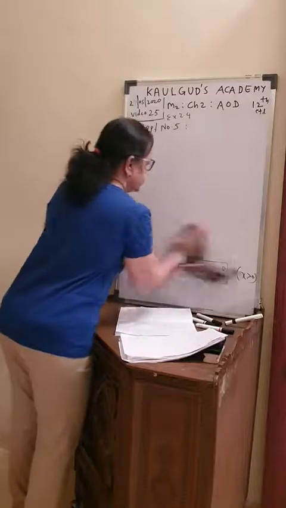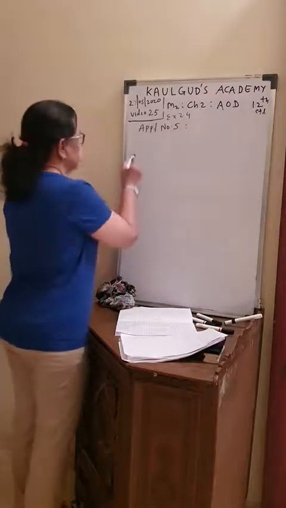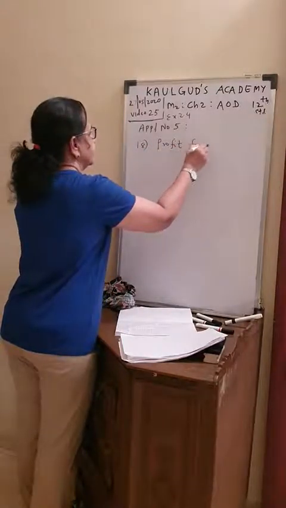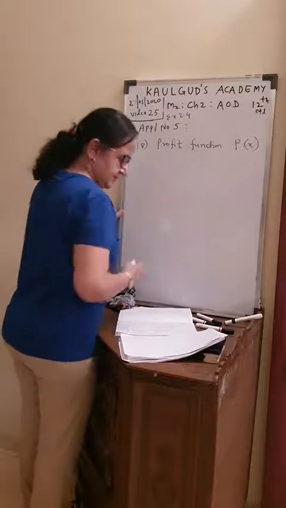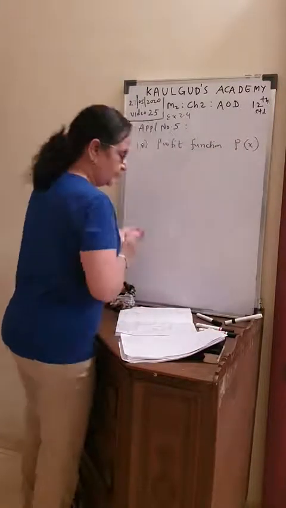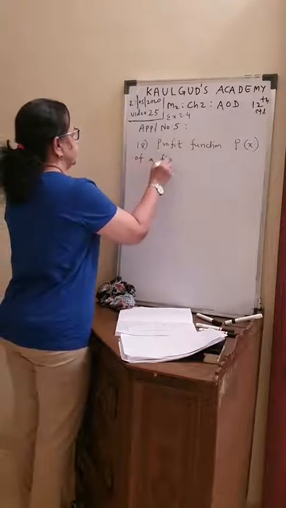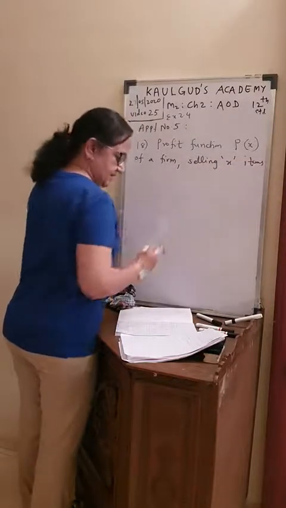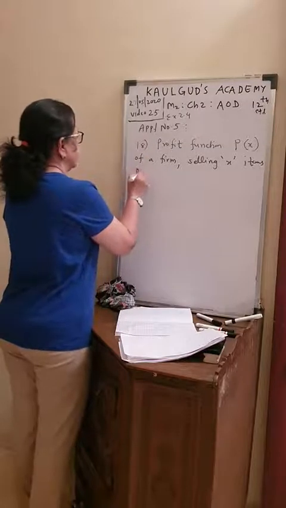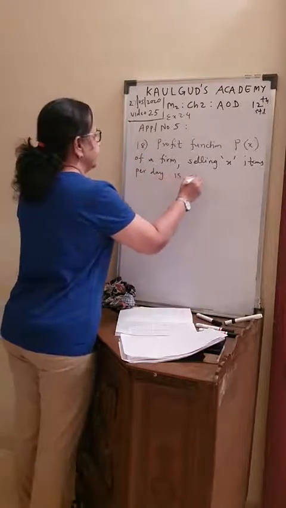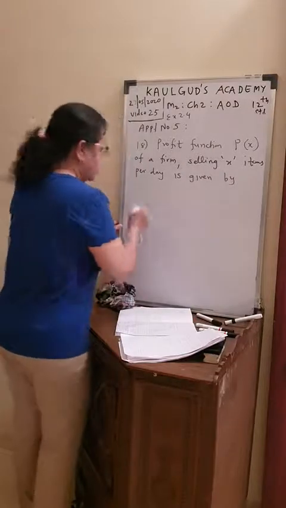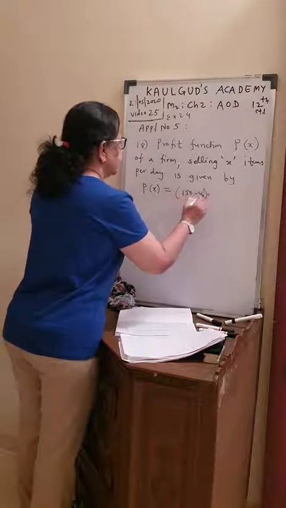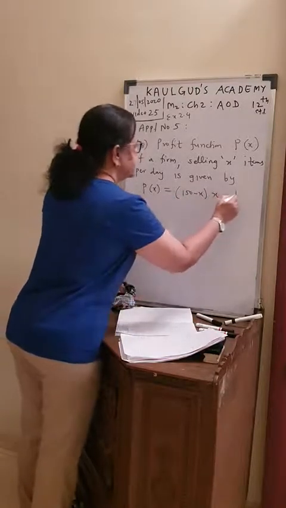Next. Question number 18. It says the profit function Px of a firm, selling x items per day, is given by Px is equal to 150 minus x into x minus 1625.